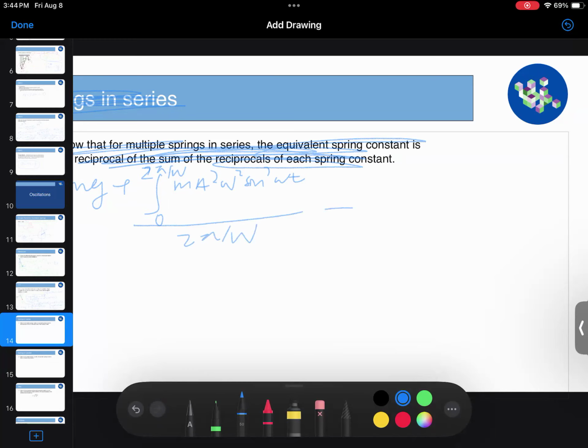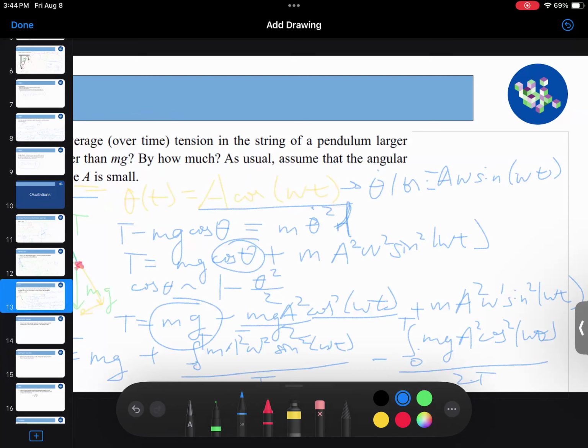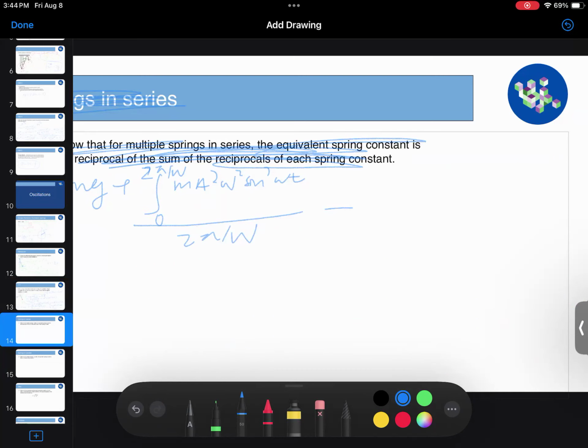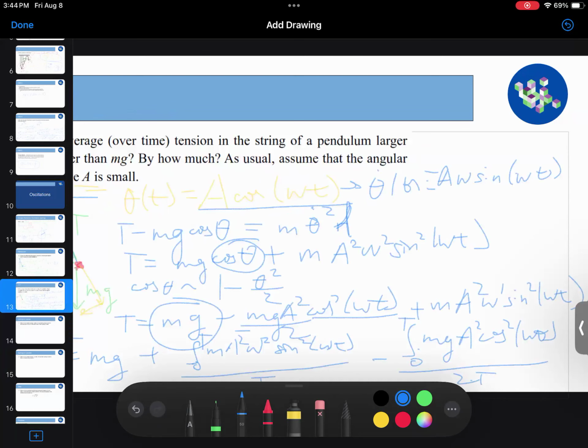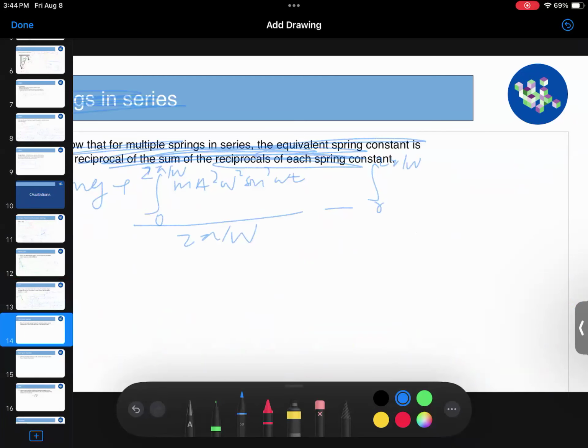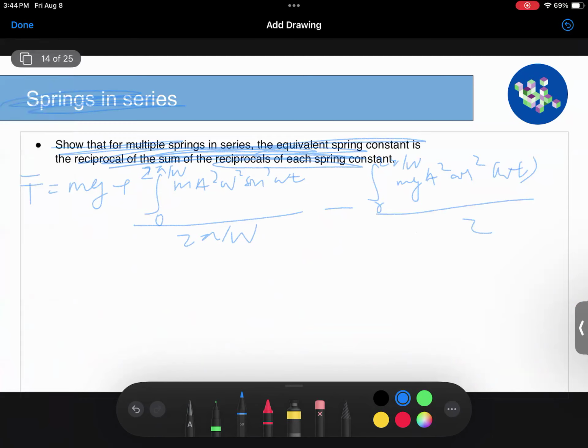And then we subtract mg a squared cosine squared omega t. So this integral over here, over 2. All right, it's getting a bit tedious, not gonna lie.